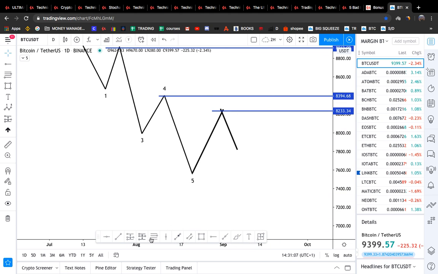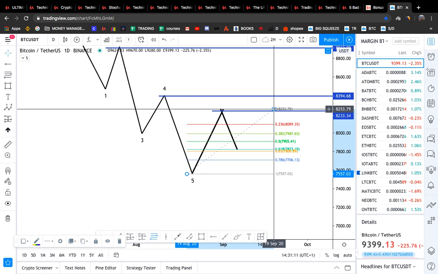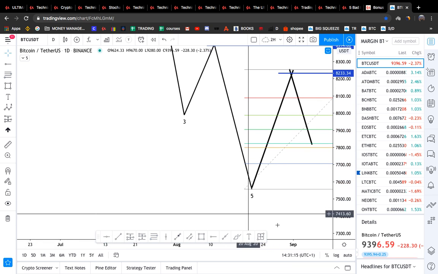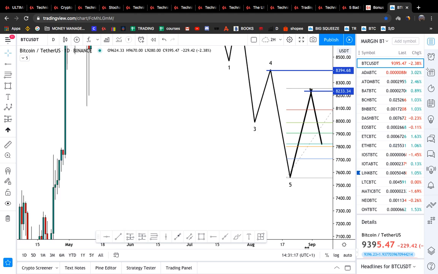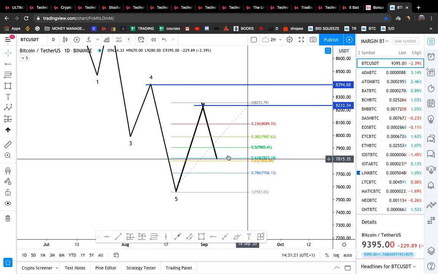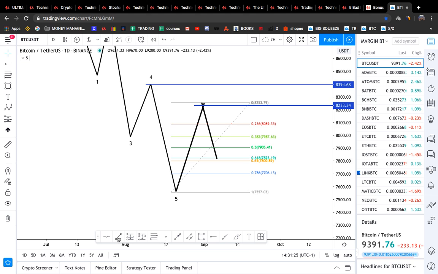So you are now putting here your retracement tool, and you have to see where it's going to retrace, guys.